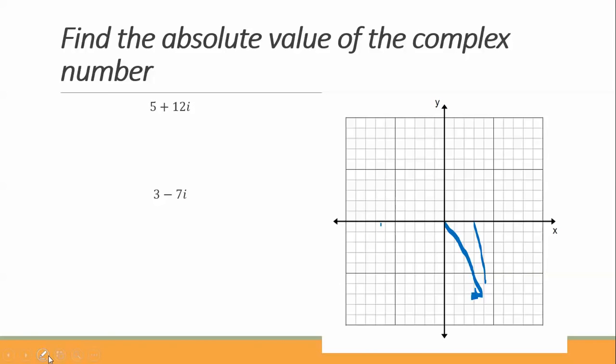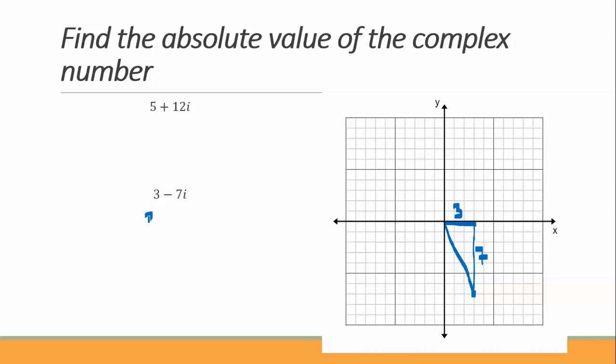Let's try that again. 3, 1, 2, 3, 1, 2, 3, 4, 5, 6, 7. And then we want this distance here. So we're going to go from here to here and here to here. This distance from here to here is 3. And even though this is negative 7, the distance is actually 7.